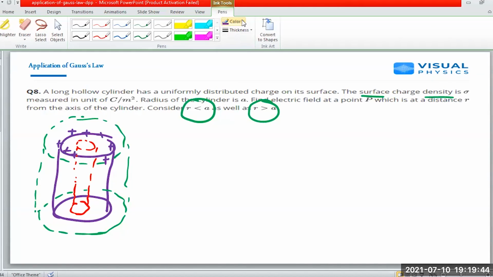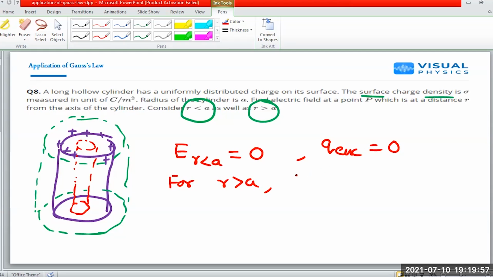So E for r less than a will be 0 because Q enclosed will be 0. And for r greater than a, by applying Gauss law, E into 2 pi r, suppose length is L, 2 pi r L should be equal to 2 pi a L, the surface area of this cylinder, into sigma by epsilon naught.